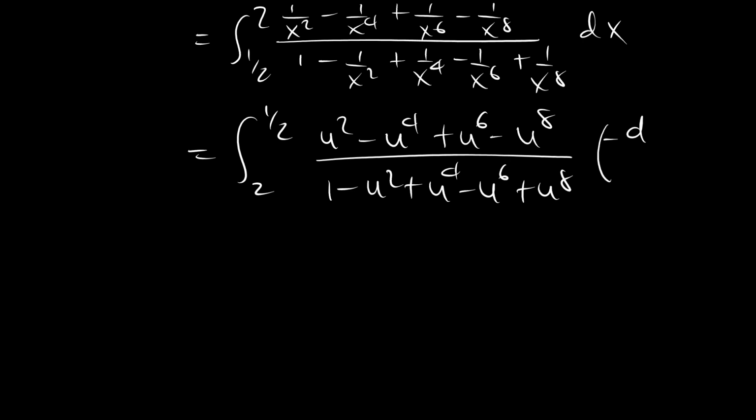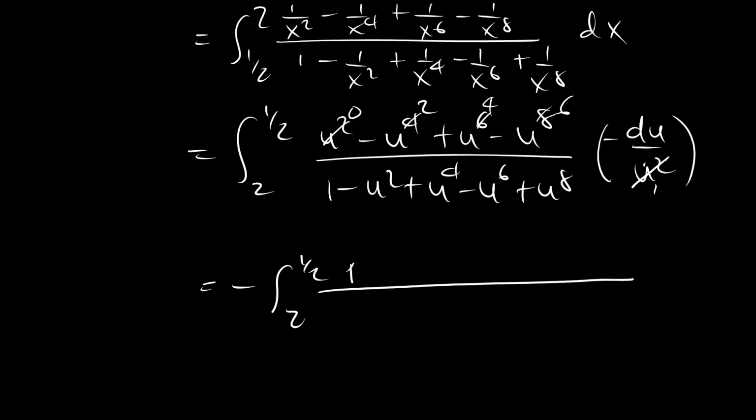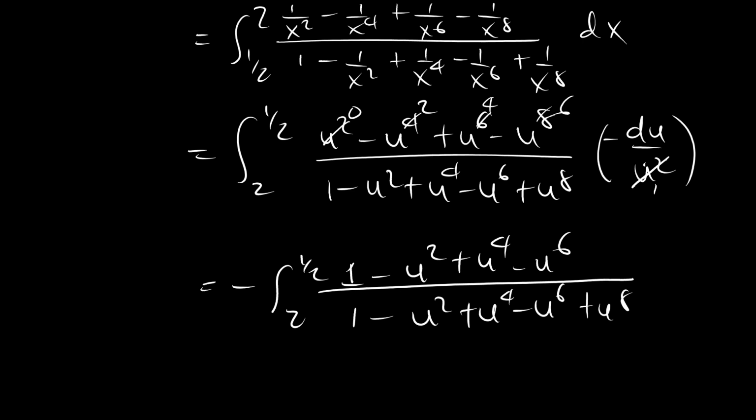And then we have, okay, so this here now means that this goes to 0, this goes to 2, this goes to 4, this goes to 6. And so we have negative, from 2 to a half, of 1 minus u squared plus u to the 4th minus u to the 6th over 1 minus u squared plus u to the 4th minus u to the 6th plus u to the 8th du.